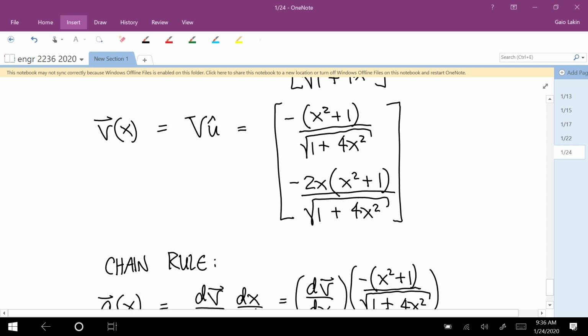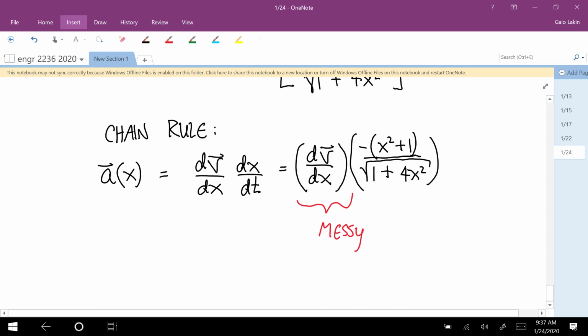But if you're writing a program to do this, Mathematica can do that derivative for you. Your calculator can do that derivative for you. I don't care that you know how to do that by hand, and what you have then is the acceleration of the particle at every location along that curve.